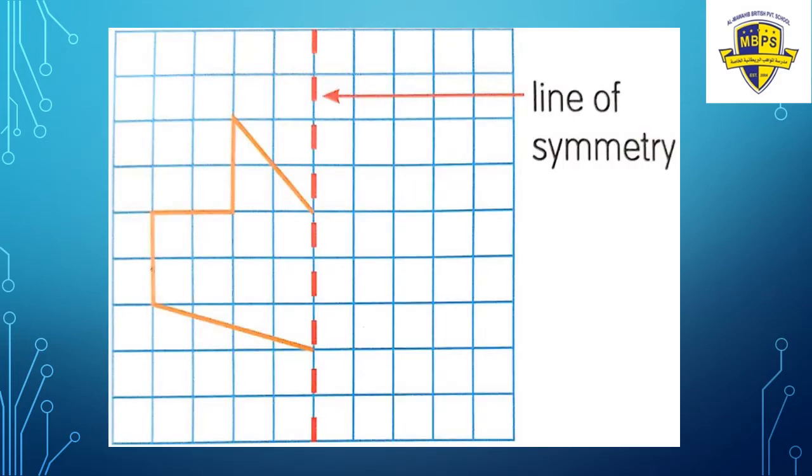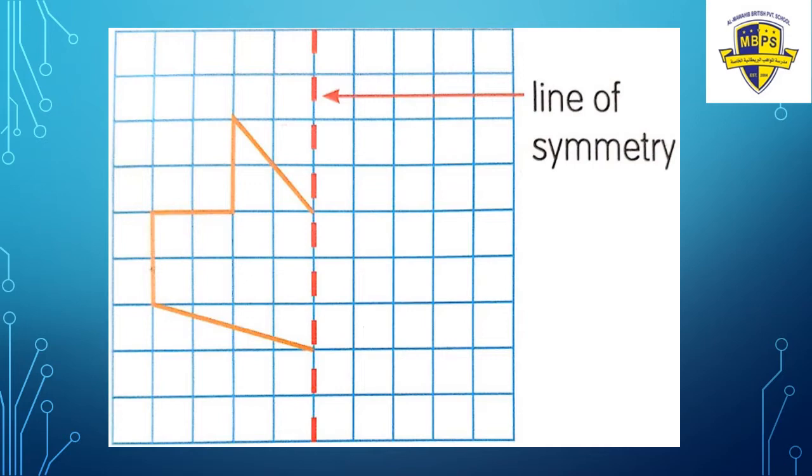I hope everyone is ready. Now come on students, can you tell me what do you see on this slide? Very good, we can see that we have a grid, which are the horizontal and vertical lines which make small squares. And what else do we see here? Very good, we can also see that there is a line of symmetry. The red line is the line of symmetry, and there is a shape.